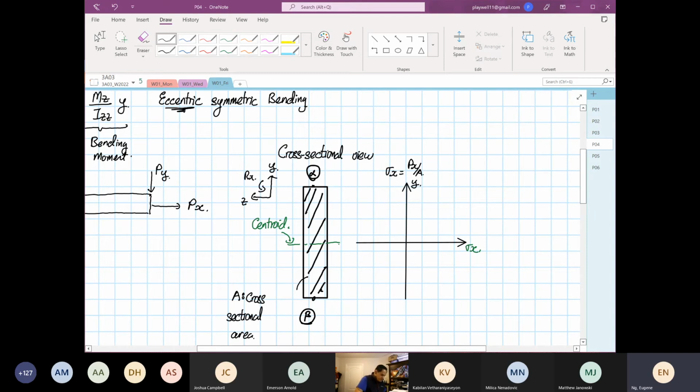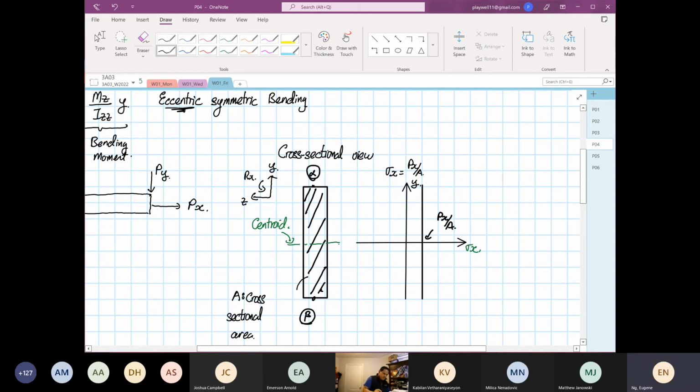So the normal stress distribution is going to be in this direction. At this point over here, this is our Px over A.